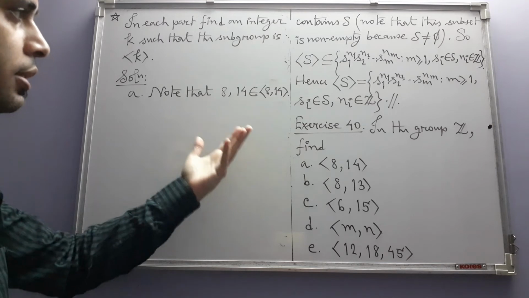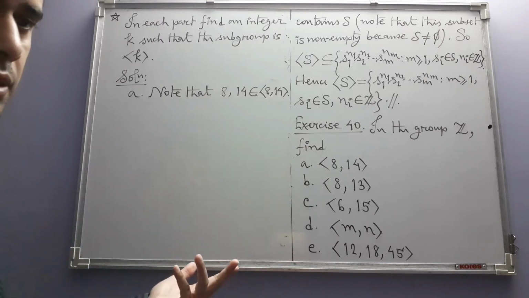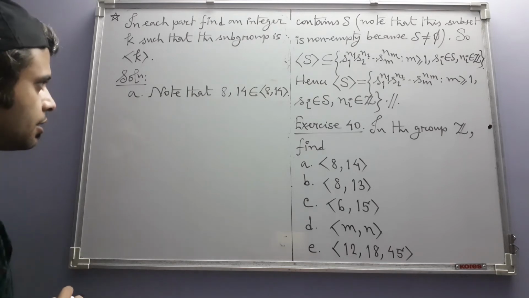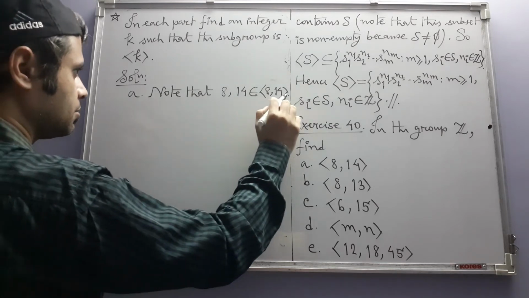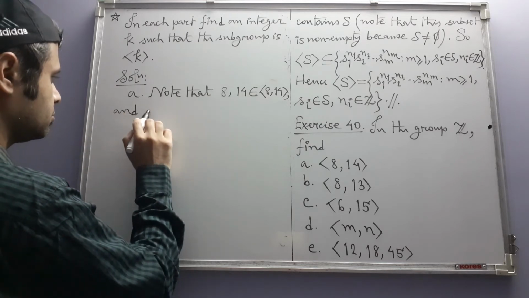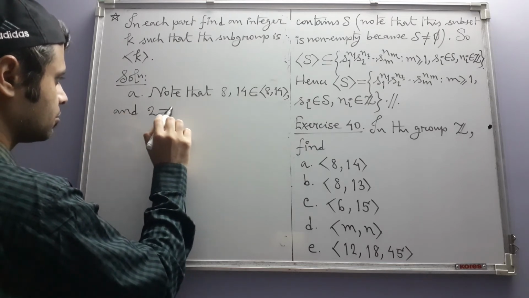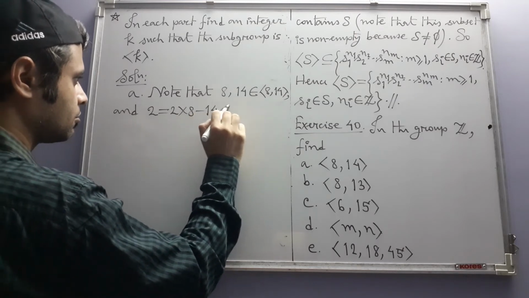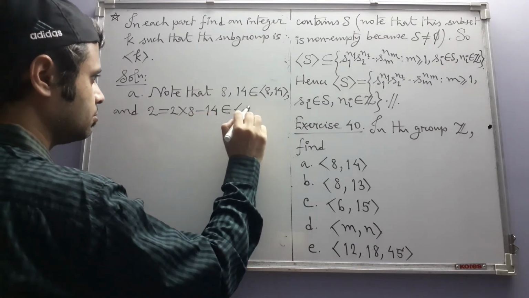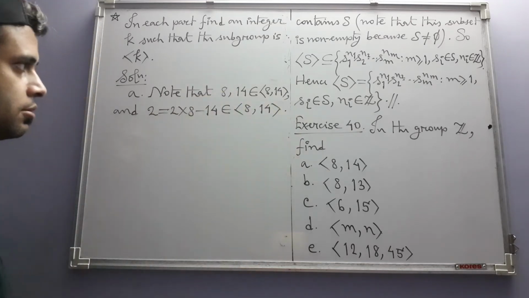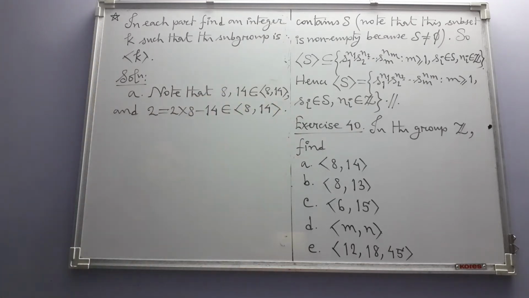So it will contain the set as a subset. So 8 and 14 both will be elements in this subgroup. And 2 belongs to this. Okay.